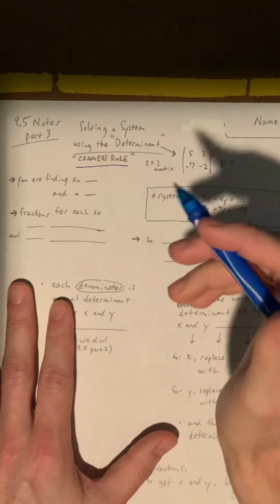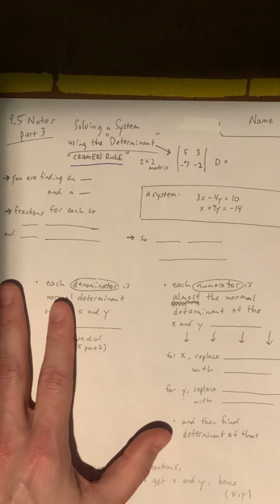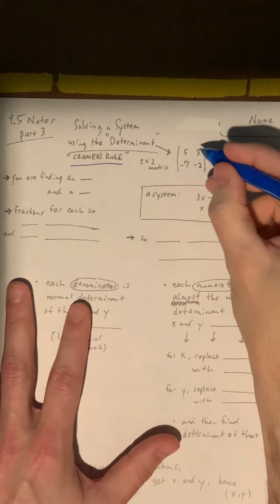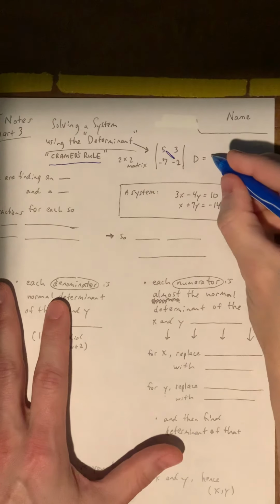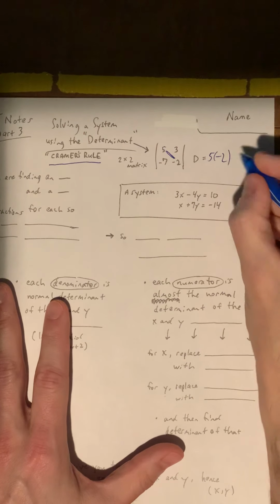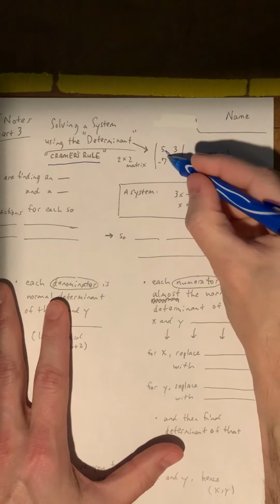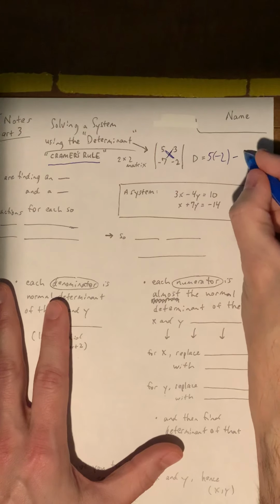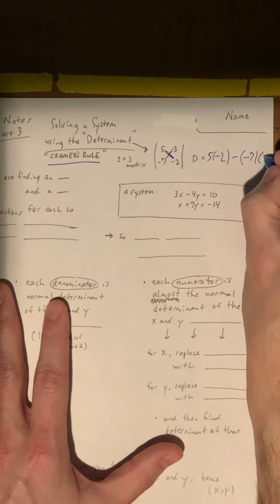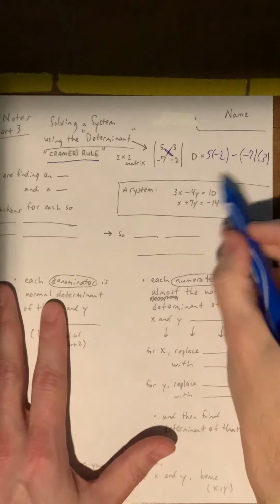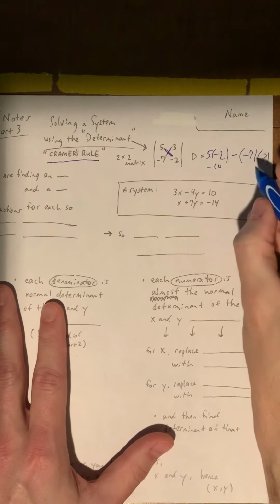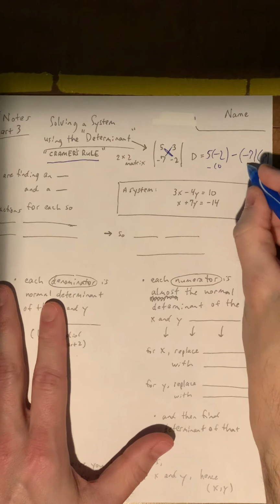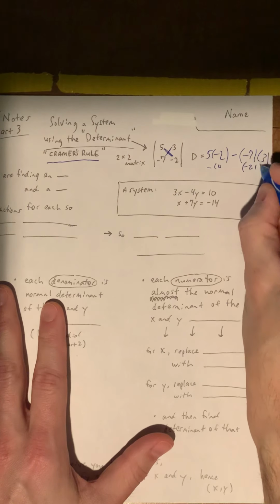Let's quickly review how to find the determinant. The determinant is when you multiply these two numbers, 5 times -2, and you subtract the product of these two, -7 times 3. 5 times -2 is -10. -7 times 3 is -21.